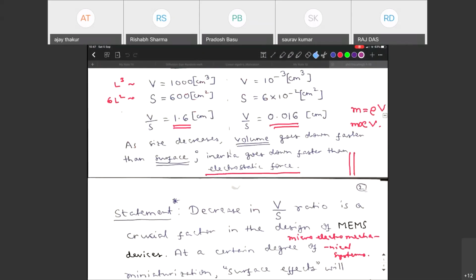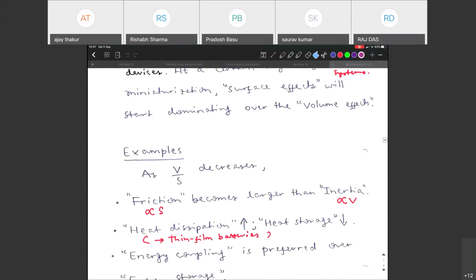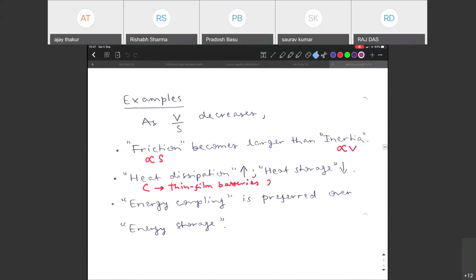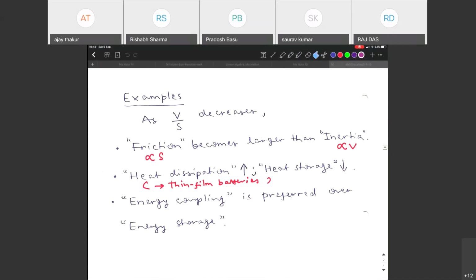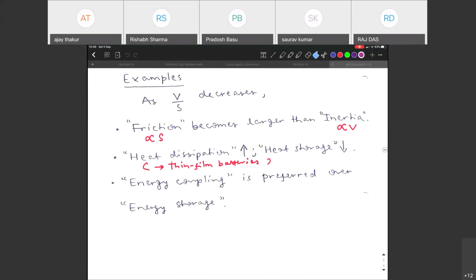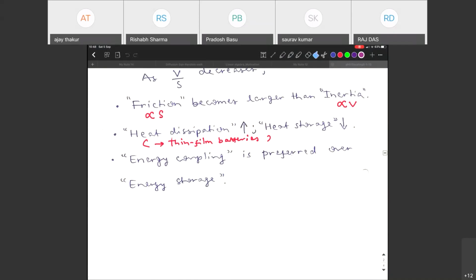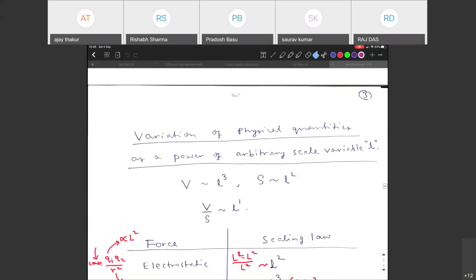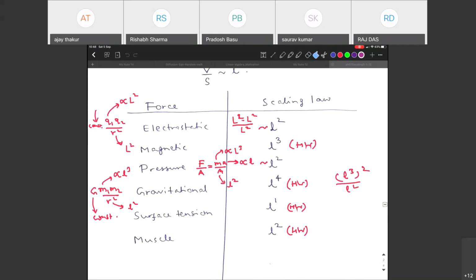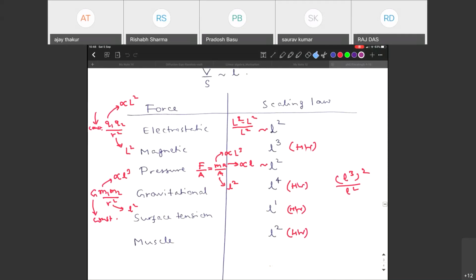Okay, we were talking about surface tension somewhere. Surface proportional to volume. Yeah. Okay. So here I will specify this in the actual homework.